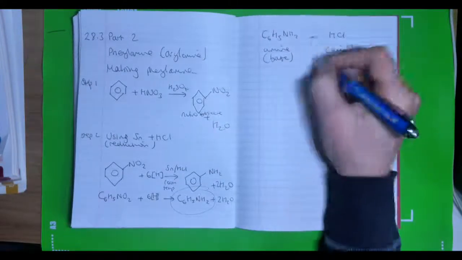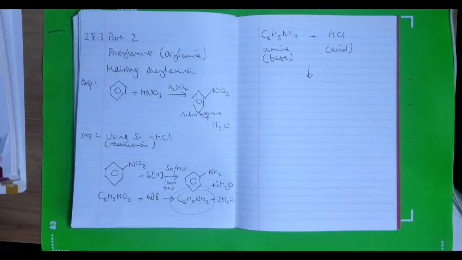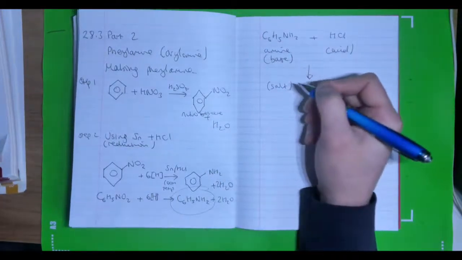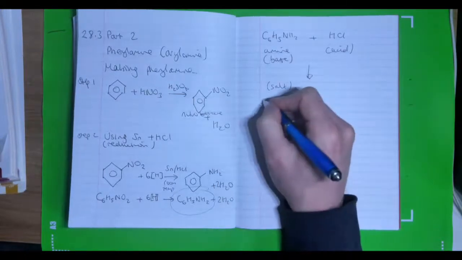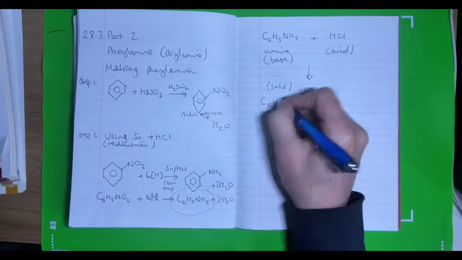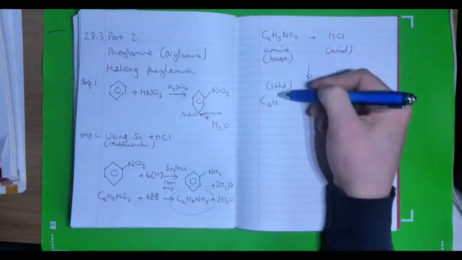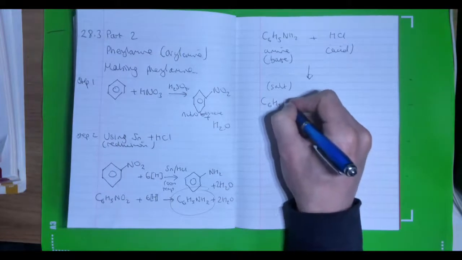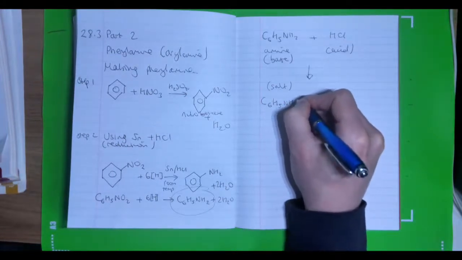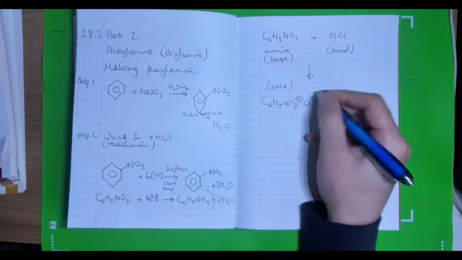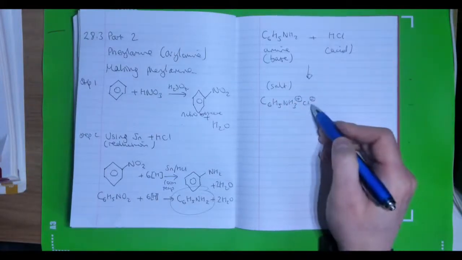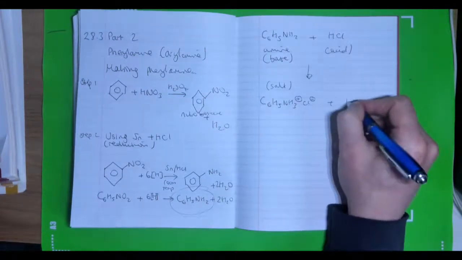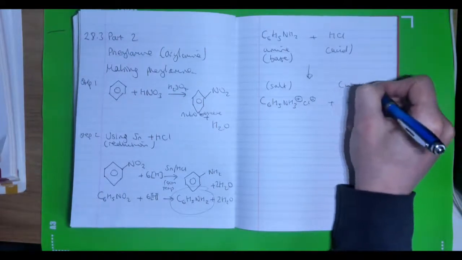We know if a base reacts with an acid, you get salt and water. So the salt that we produce, we can write down the chemical formula of that. In this case, I'm looking at my base, and because it's hydrochloric acid, you have a chloride ion here like this. So you can get salt and water produced.